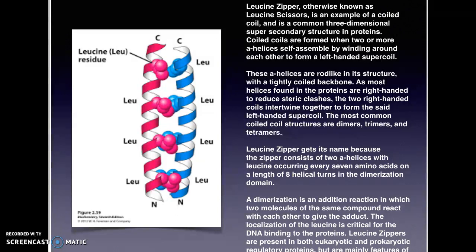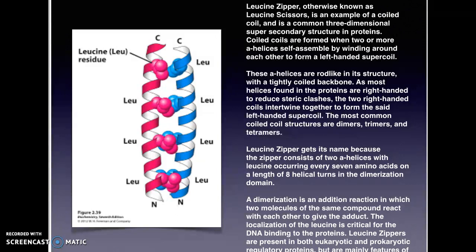The most common coiled coil structures are dimers, trimers, and tetramers. Leucine zipper gets its name because the zipper consists of two alpha helices with leucine occurring every 7 amino acids on a length of 8 helical turns in the dimerization domain.